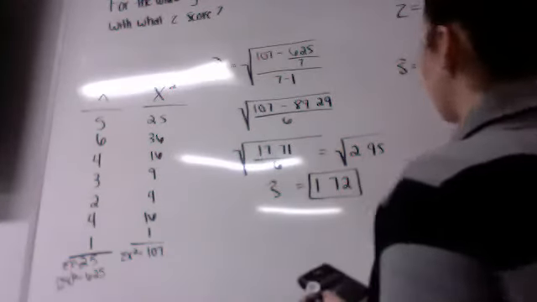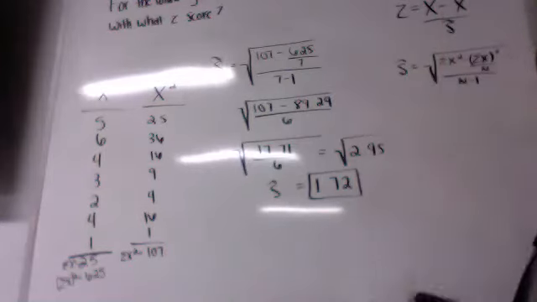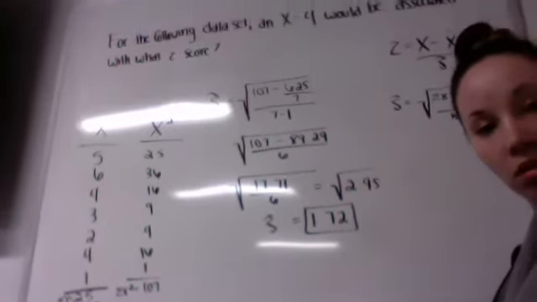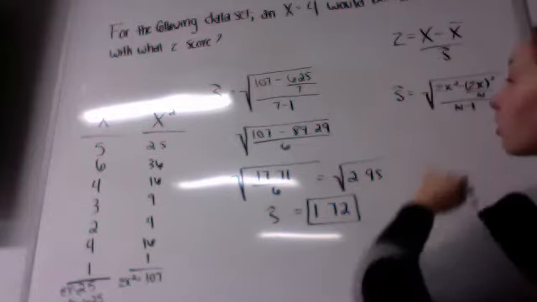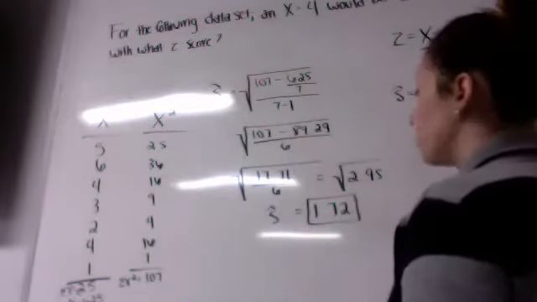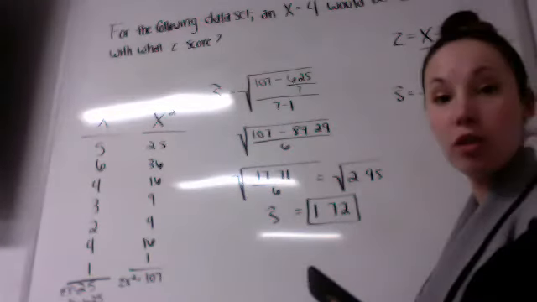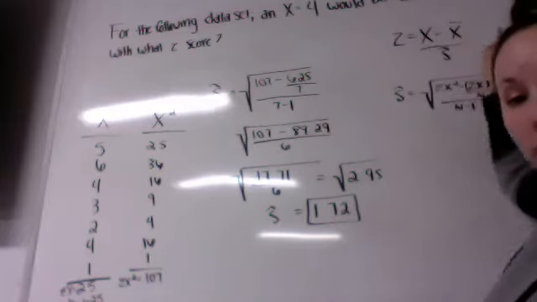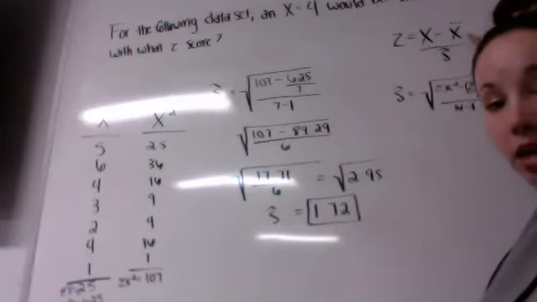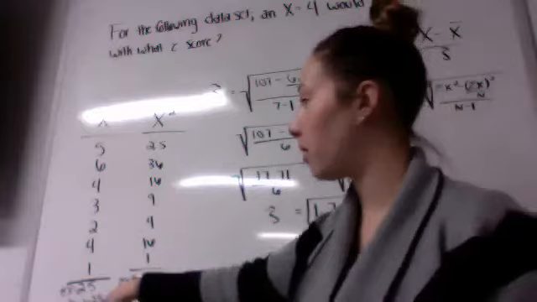We'll need that for this piece here, the bottom piece of our z formula. So if you see here, we're working towards this thing here. So that's our standard deviation. The last thing we need before moving to this formula here is this piece, our mean, our x bar. We find that by doing the sum divided by n.